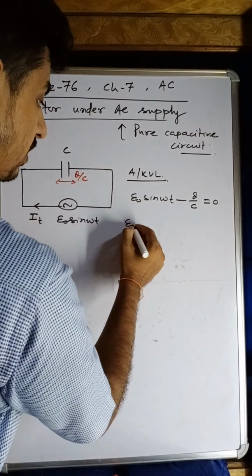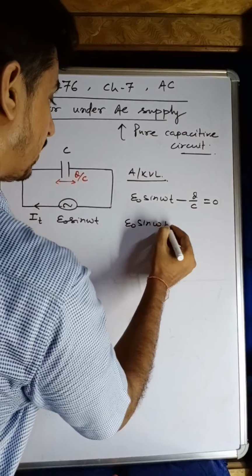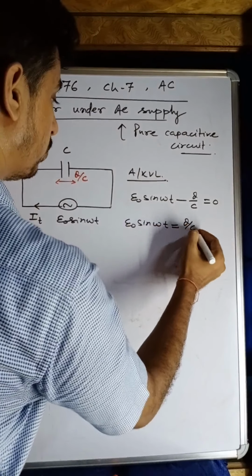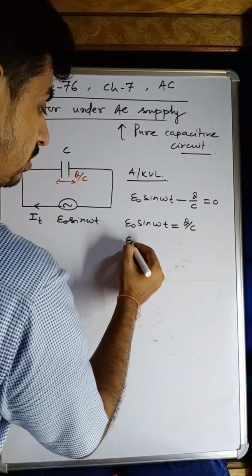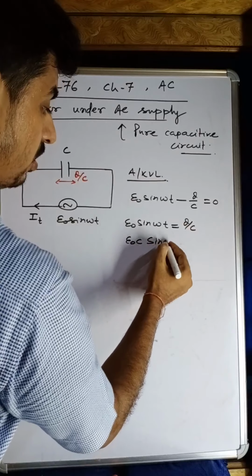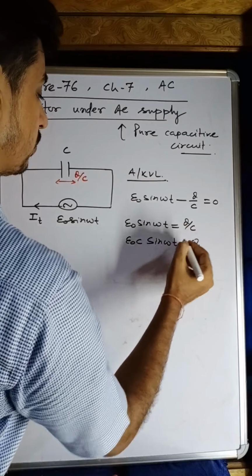Or we can write E naught sine omega t equals Q by C, or E naught C sine omega t equals Q.